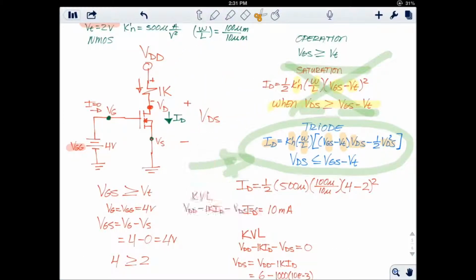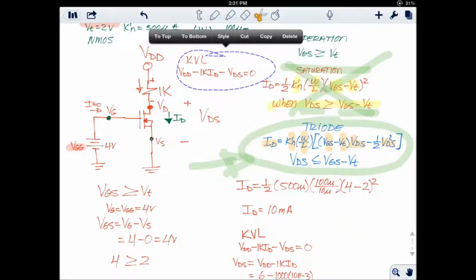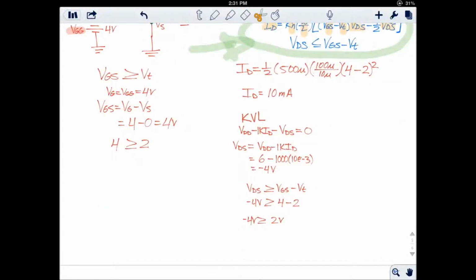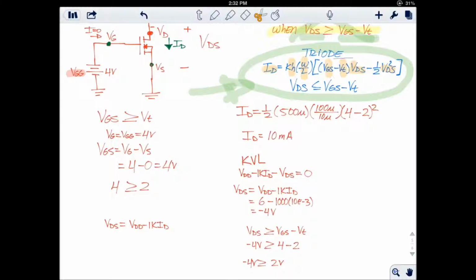Oh, we already have that same equation right here. Nice. Knowing this, we could substitute this into this equation.